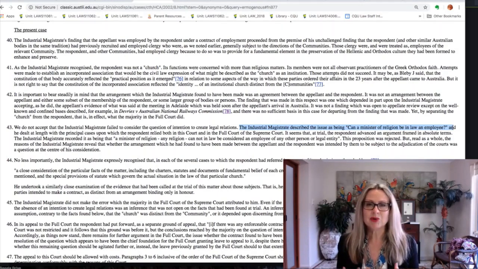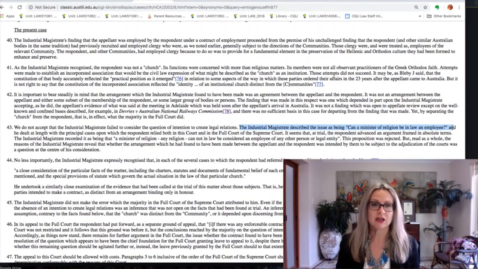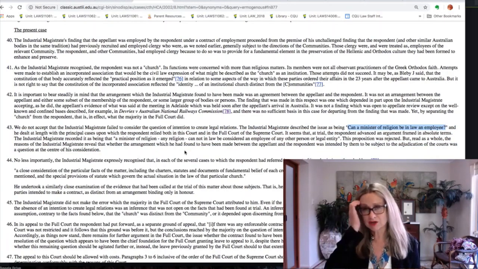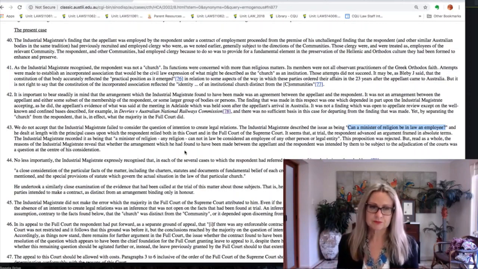Now, employee itself carries the connotation of a legally justiciable contract between an employer and an employee. So they said, no, there has been this meeting at which this evidence has been put before the trial judge. It depended on credibility of witnesses. You can't then go ahead and chuck it out. There was no manifest error here in terms of a failure to consider intent to create legal relations because it was right there in the question that the industrial magistrate posed for himself.